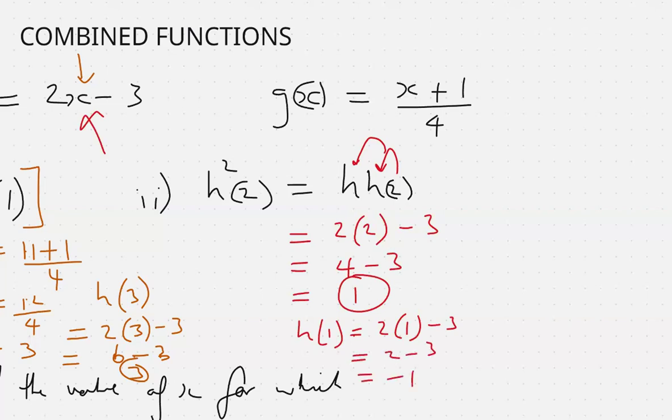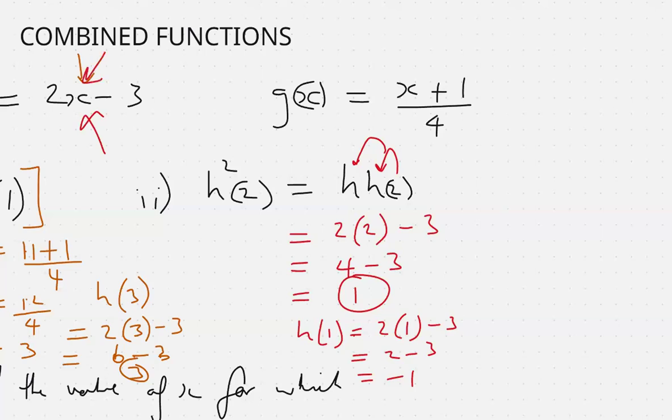Question: how does the 2 go into the h? You replace the x right here with the 2. So that's 2 times 2, look up top, 2 times 2 is 4, because h of x is 2x minus 3.